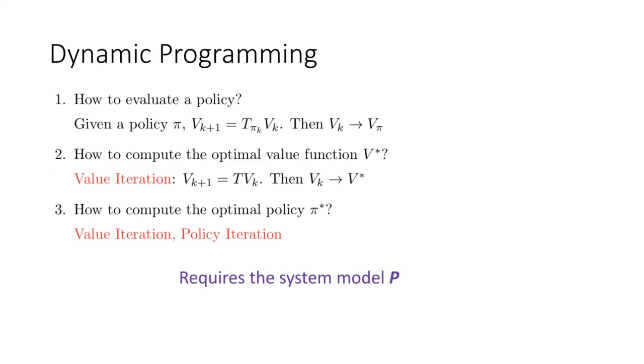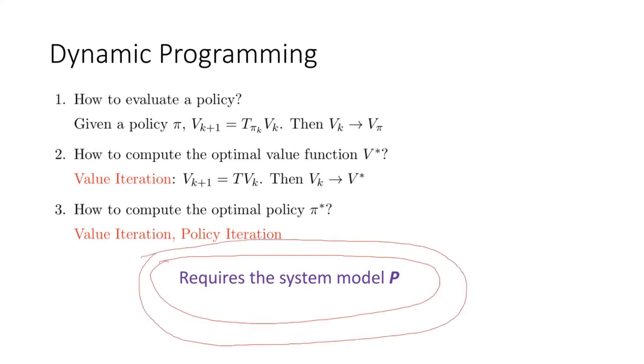Okay? So let me emphasize this again. With dynamic programming we can compute the optimal value function and optimal policy using value iteration or policy iteration. But the crucial assumption, the elephant in the room, the crazy difficult assumption that we often make when we solve dynamic programming, is that we know the system model.